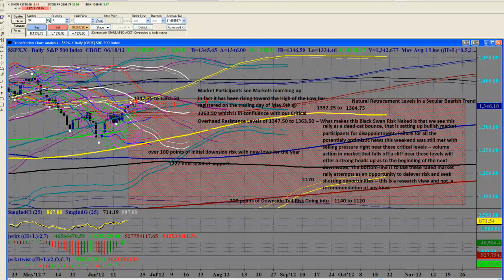And that's exactly what it did. The low of that low bar was right around the area where it failed. So that area of 1347.75 to 1363.50 happens to be critical overhead resistance based on analyzing price and volume behavior of the market.